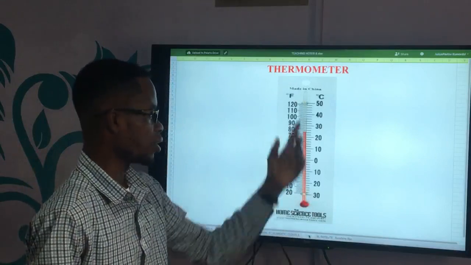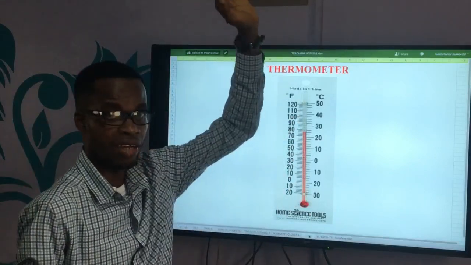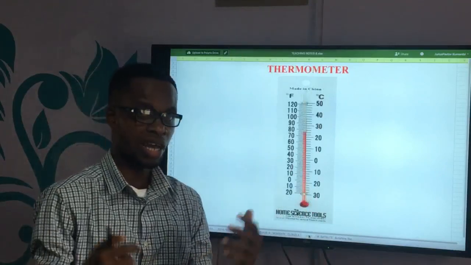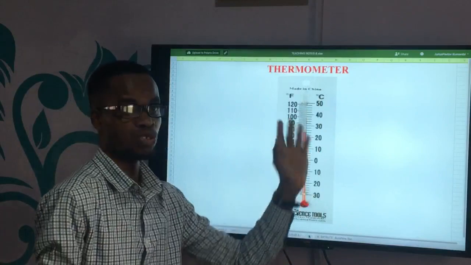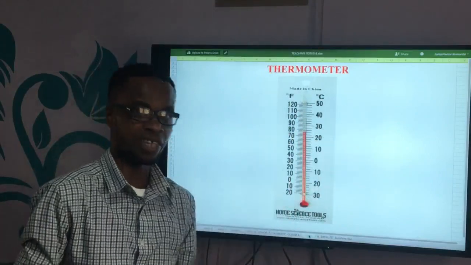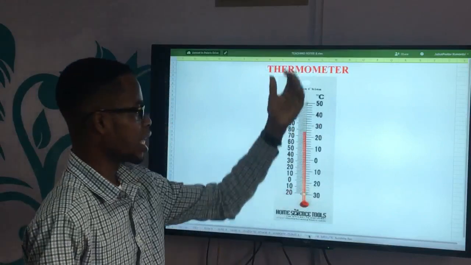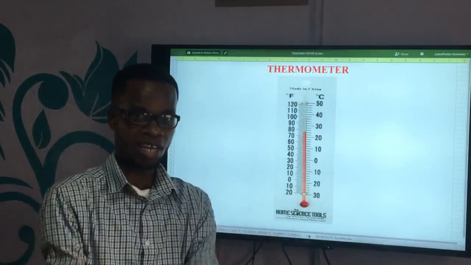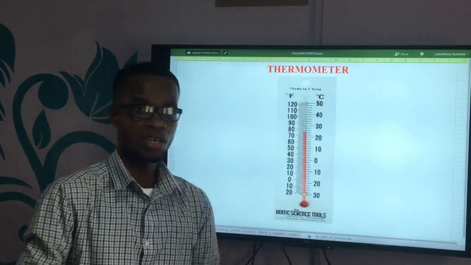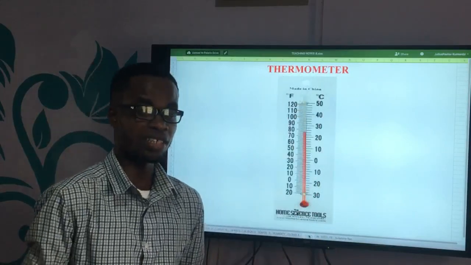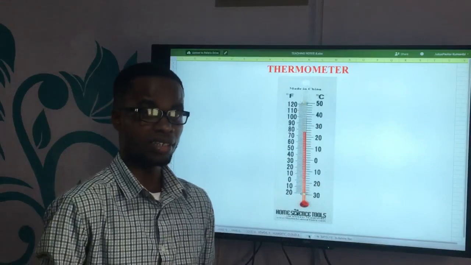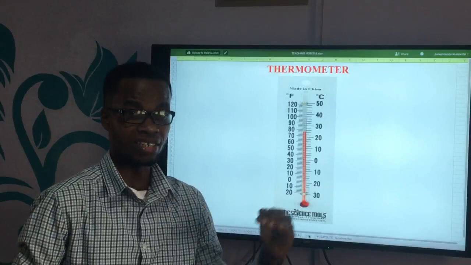You know how it moves, and then it goes higher and higher. The reason why we have the 2 units here is that you can use this and still convert to this, or vice versa. So talking about water as a body, for instance, if you are looking at degrees Celsius, science lessons will tell us that it freezes at 0 degrees Celsius and boils at 100 degrees Celsius.